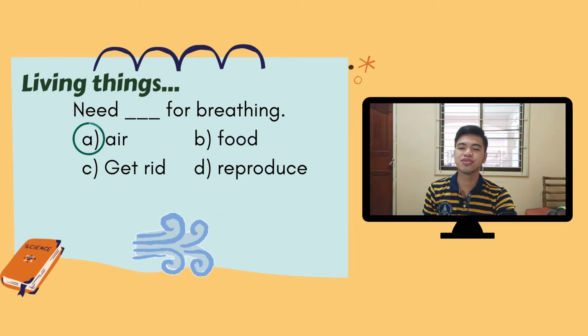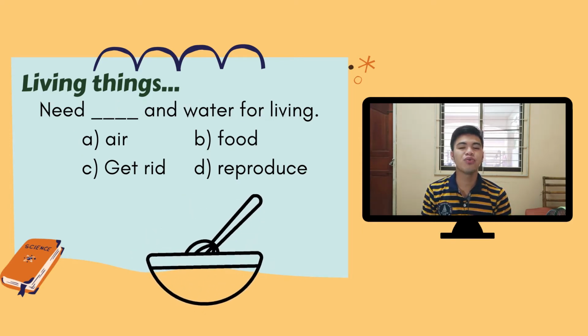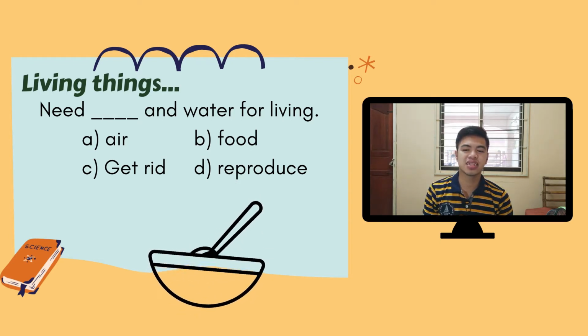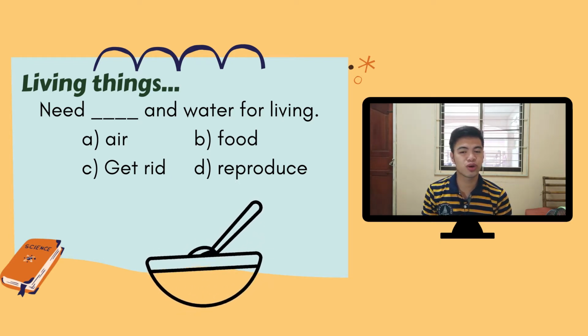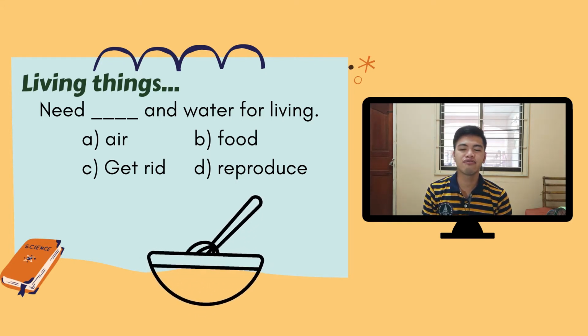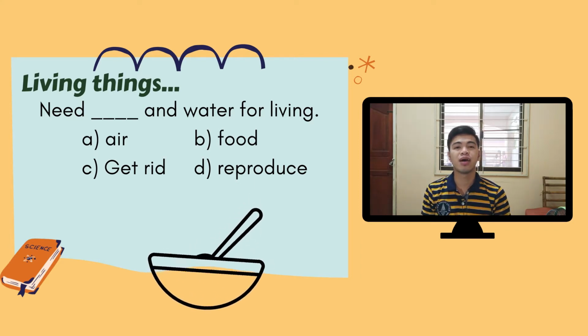So let's go to the next question. Living things need blank and water for living. So what do living things need aside from water in order to live? Is it A, air, B, food, C, get rid, or D, reproduce?